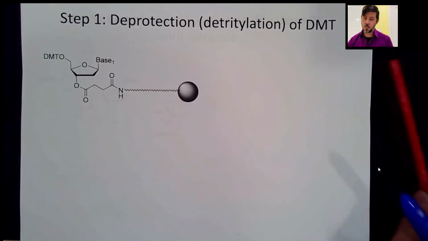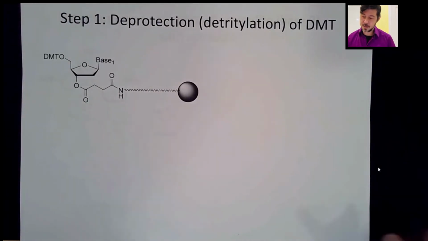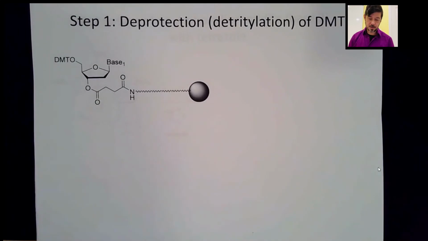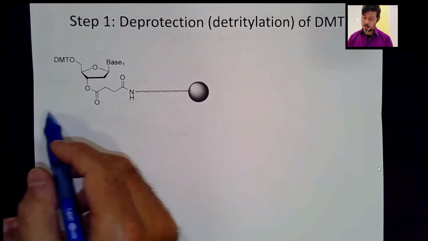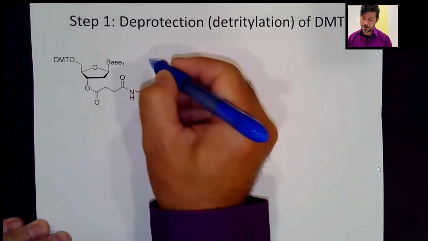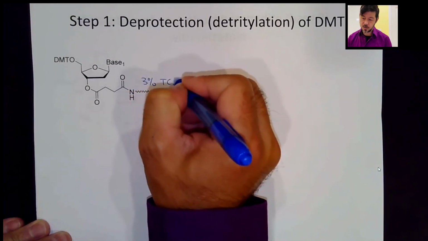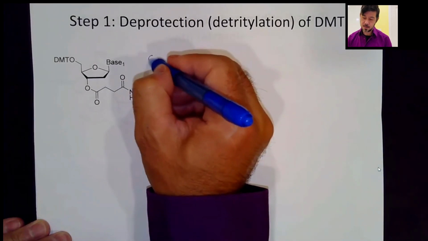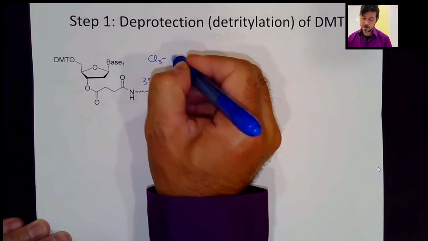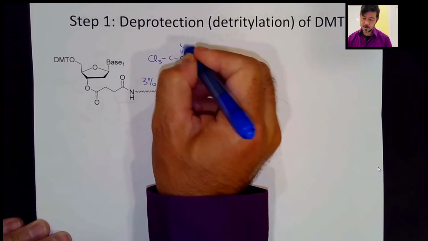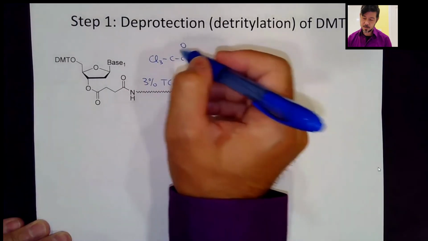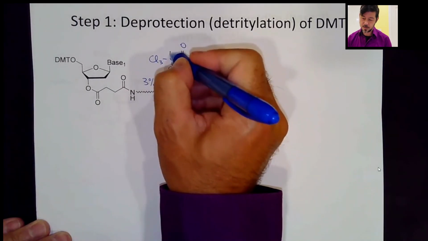Okay, so step one is called detritylation. So this is where we take our group here and we treat this with 3% trichloroacetic acid. So this looks like this. Actually, I'll put the chlorines like this.